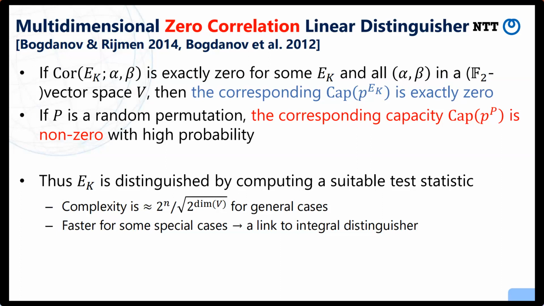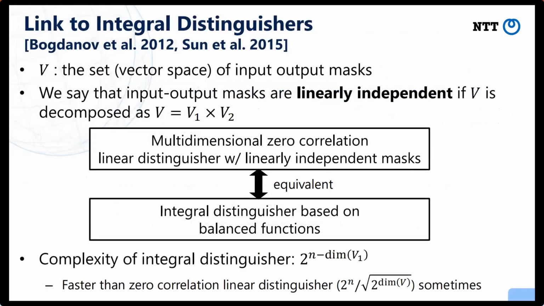But actually, for some special cases, we can decrease the complexity further by using an interesting link to the integral distinguisher. There is an interesting link between multidimensional zero correlation linear and integral distinguishers. Again, suppose that V is the vector space of input and output linear masks.